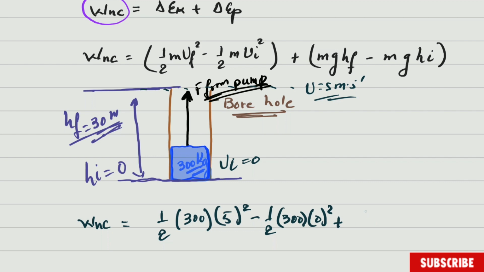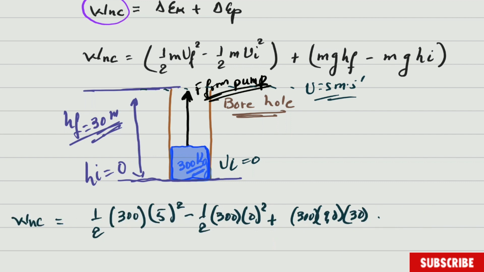Everything plus the mass, which is 300, multiplied by 9,8, multiplied by the final height, which is 30, minus the initial potential energy, which is 300 multiplied by 9,8 multiplied by 0. Guys, you can see here that this one is 0, as well as this one is 0.